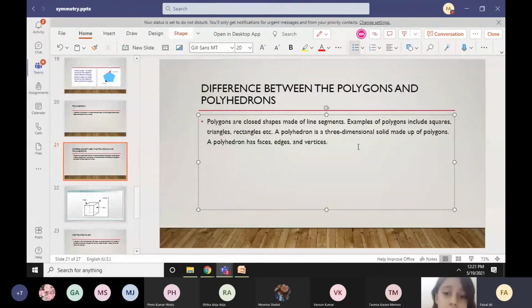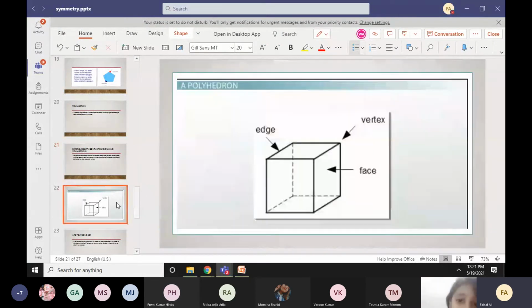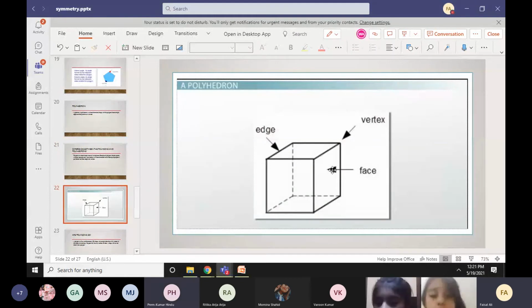The side is also known as an edge, and there will be faces. One face, two face, three face, upside face, downside face, and four walls mean four faces. So there will be six faces in total.